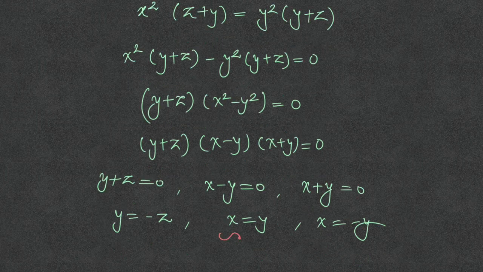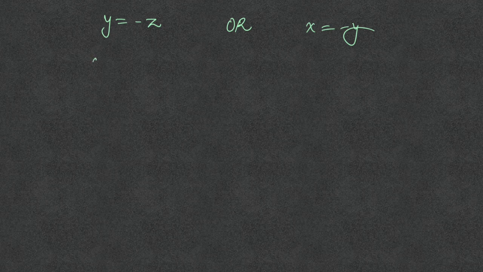Now clearly the case x equal to y cannot be considered, so we reject it because initially it is given that the numbers are distinct, so both the numbers cannot be equal. So we have only two conditions, that is y equal to minus z or x equal to minus y. So this becomes y plus z equal to 0 and x plus y equal to 0.